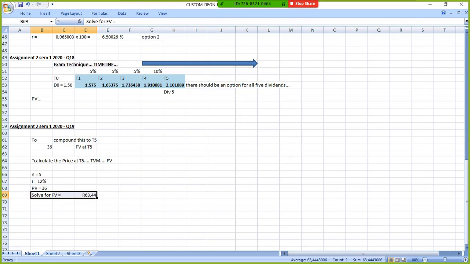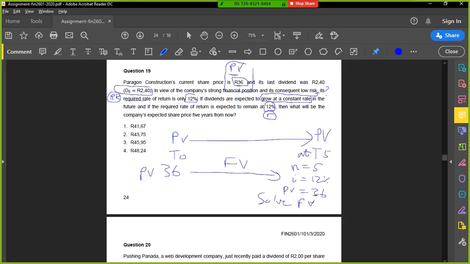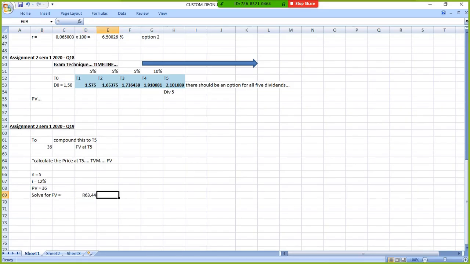Yes. Let me just check, because that's 36 PV. The answer's not here. The question has a problem. Expected share price 5 years from now. What else do we have here? The dividends? No, the dividend's unrelated. It's only 36. Here's a problem. This I would raise. Let me check it on the calculator.